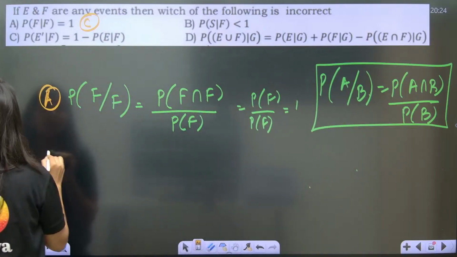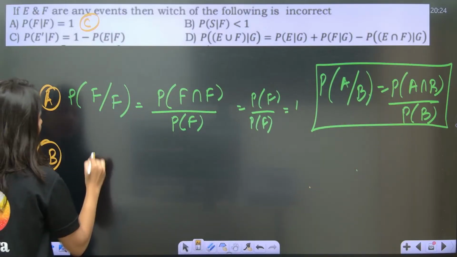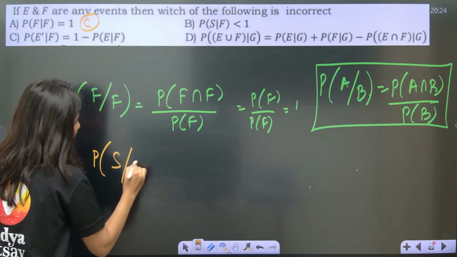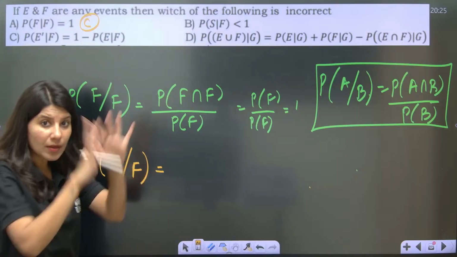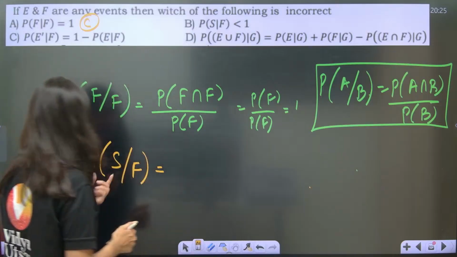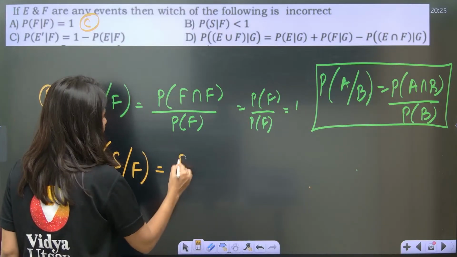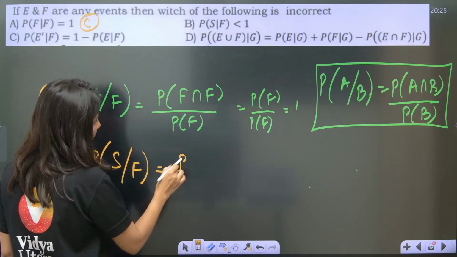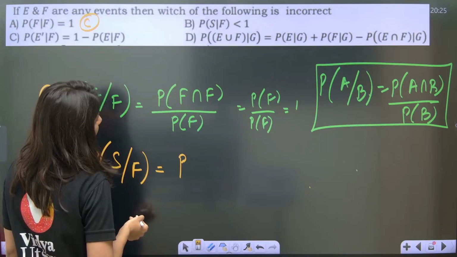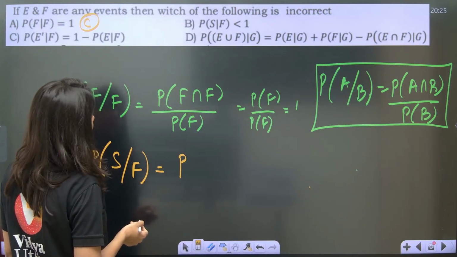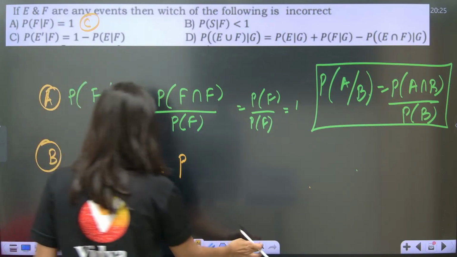Ma'am, what about B option? So B option says that probability of S given that F has already occurred, understand that this S is nothing but overall sample space. So probability of S given that F has already occurred is less than 1, they are saying.